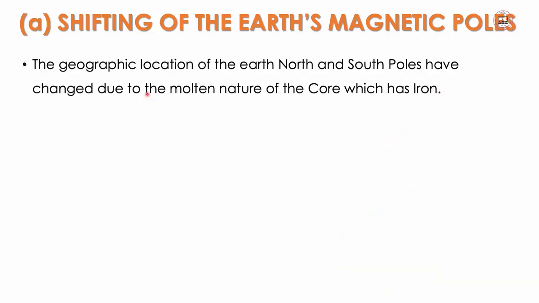The geographical location of the Earth's North and South Poles has changed due to the molten nature of the core, which has iron.